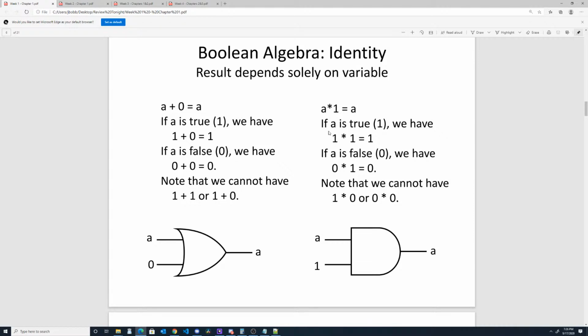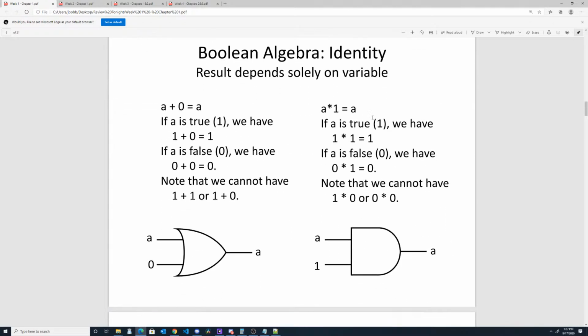So let's say you had a 6 input XOR gate, which I don't even know if that exists, but let's just pretend it exists. If only one of those 6 inputs were high or true, then the entire output would be true. But if you had 2 inputs that were true, it'd probably go to 0. But I don't really think that a 3 input XOR gate, I've never really seen that. But that's an interesting question.